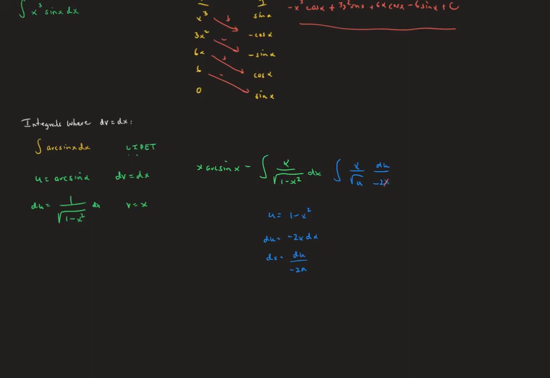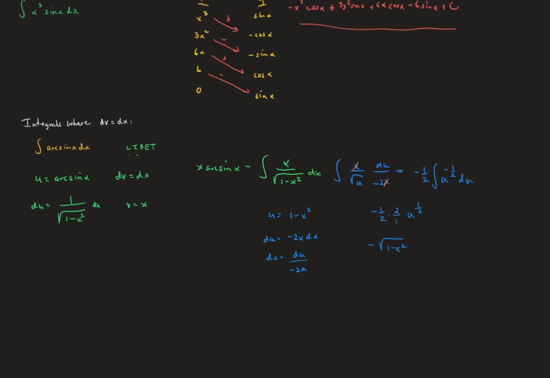We account for that extra power of x, and that becomes a negative 1/2 integral of u to the negative 1/2 du. So add 1 to that exponent, makes it a u to the positive 1/2, multiply by its reciprocal, and we're going to get the negative square root of, let's see, what was u? The 1 minus x squared.